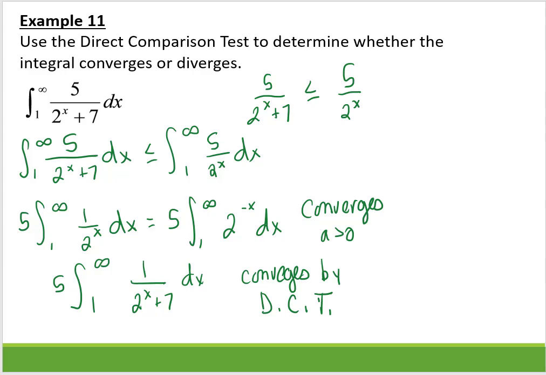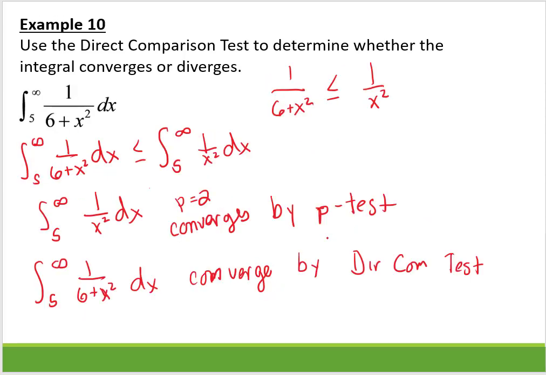Okay, a few things I want you to keep in mind. You have to show me the inequality. You have to show me something about the integral that I'm comparing our original one to, and whether it converges, and then give me a reason.